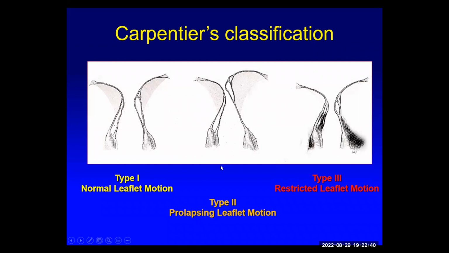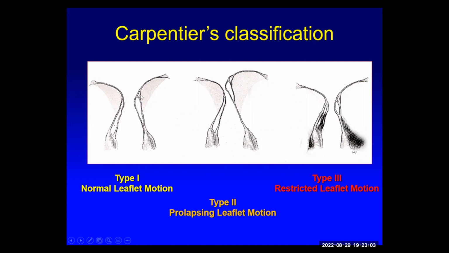When we classify the pathology or the mechanisms, we use Carpentier's classification, and I'll show you a little bit later who this guy is. He was a French guy, Alain Carpentier. He was the pioneer of mitral valve repair surgery. He said that there are three types of mechanism where the valve is leaking.